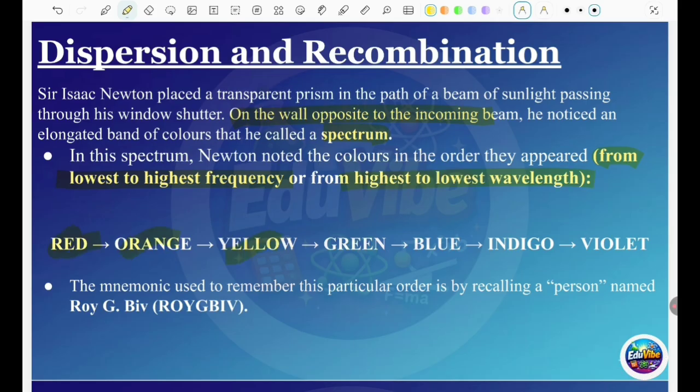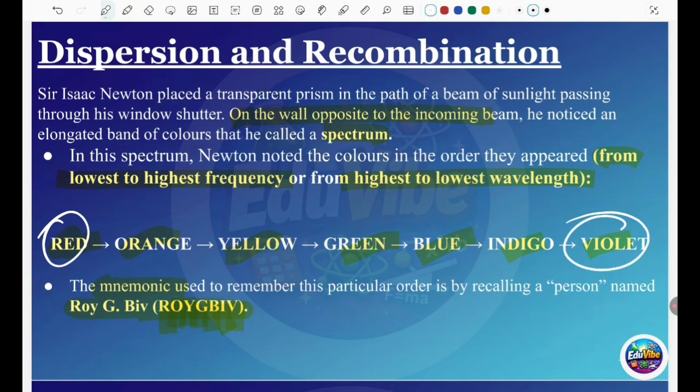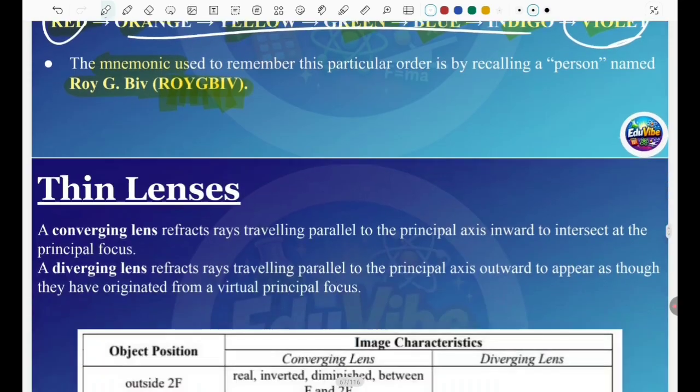So red has the lowest frequency and violet has the highest frequency. Red has the longest wavelength and violet has the shortest wavelength. They only ask about red and violet sometimes, quite frequently.